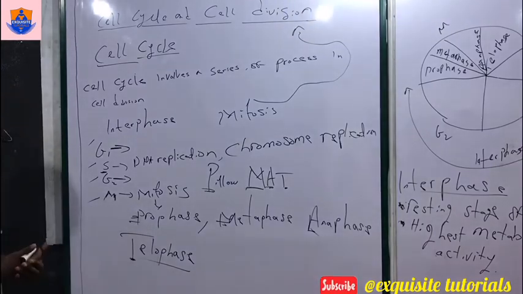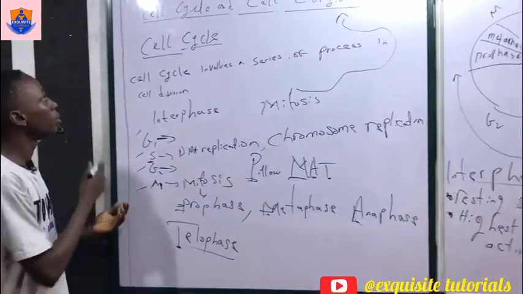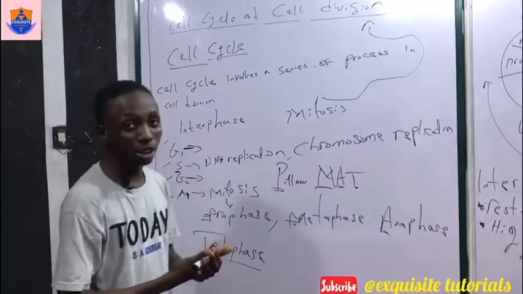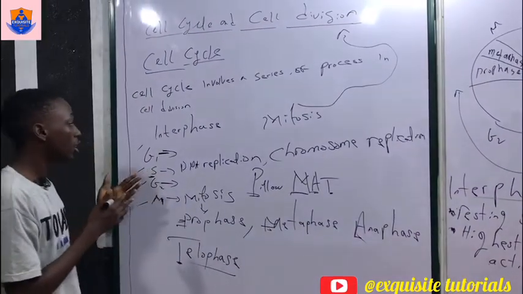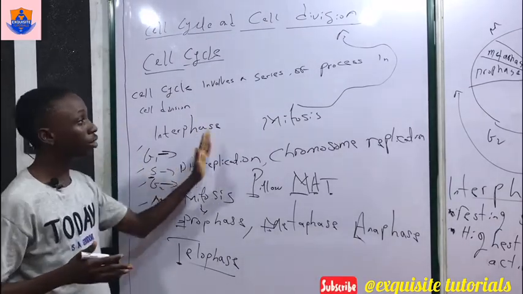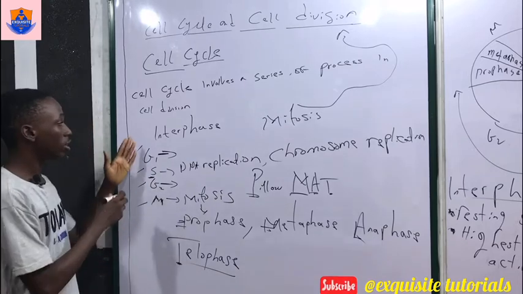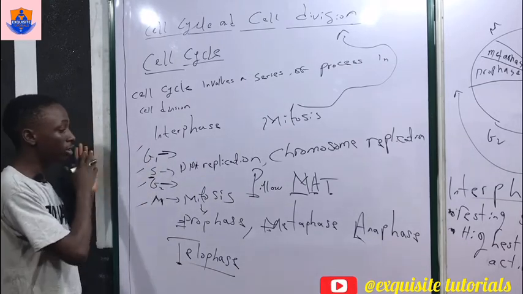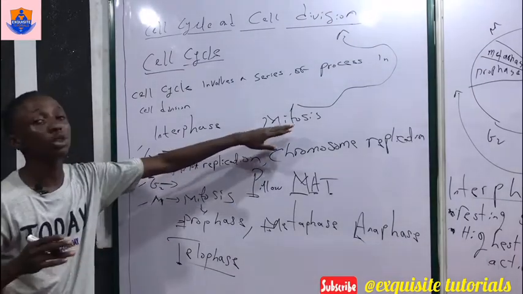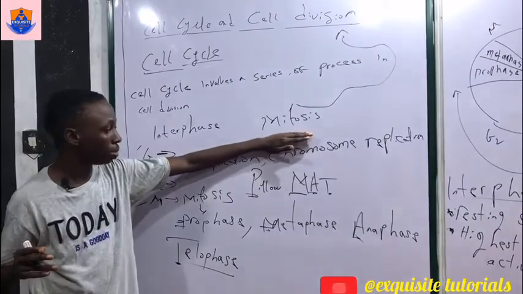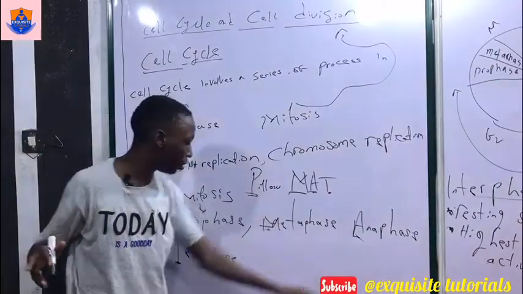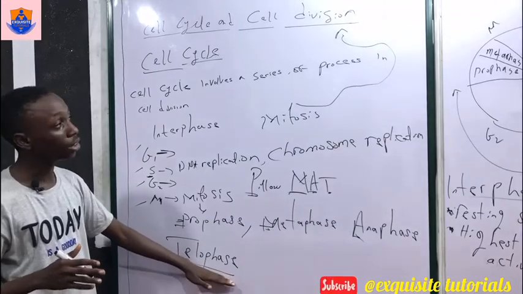So far we have looked at the cell cycle, where it involves a series of processes for cell division. We said it can be divided into the interphase or mitosis, where we looked at the stages of the interphase: G1, S, G2, and M stage. Then we look at some stages in mitosis, where we said it has the prophase, the metaphase, the anaphase, and the telophase stage.